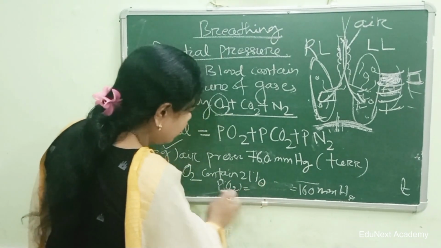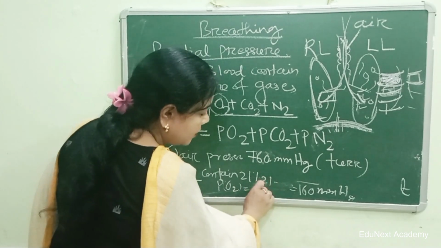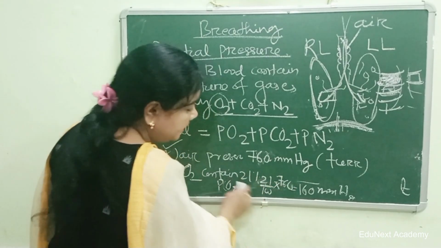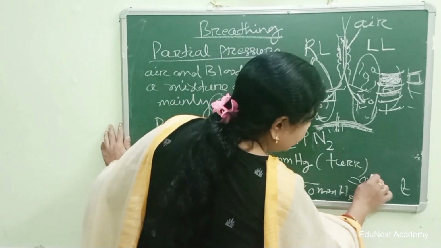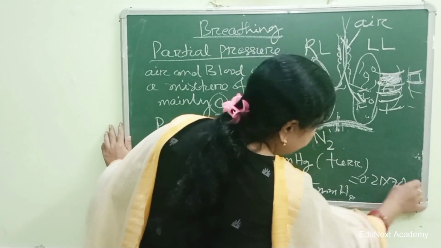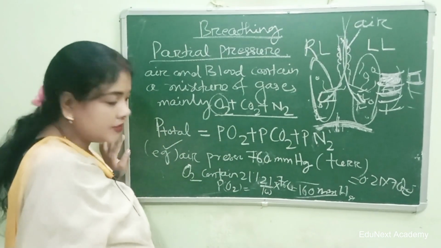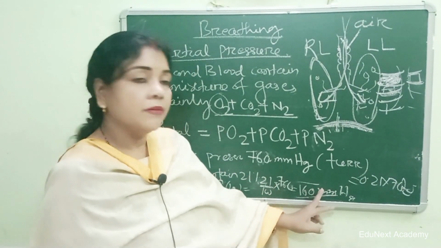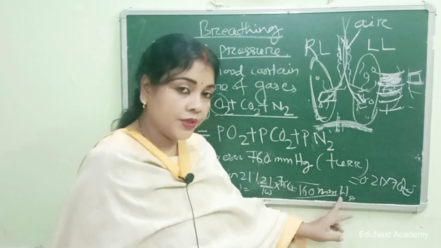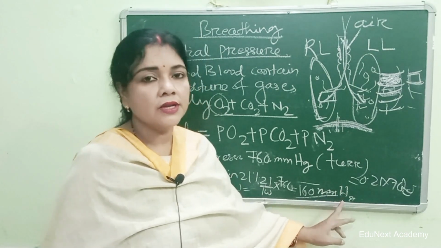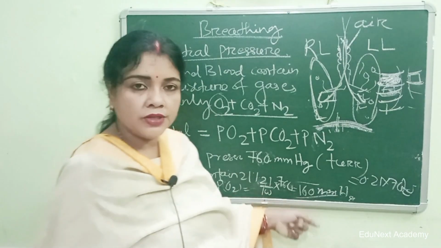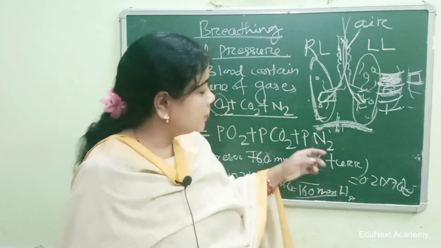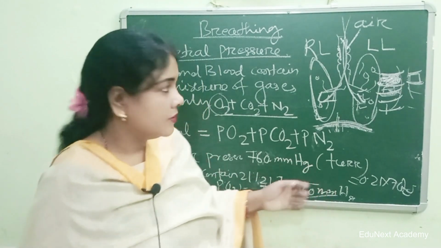That means 21 by 100 into the total pressure 760, that is 0.21 into 760 mm. So the final answer is 160 mmHg. Remember, mm means millimeter of mercury, because mercury is used to measure air pressure, and we can say torr also. Torr is another unit for measuring air pressure.